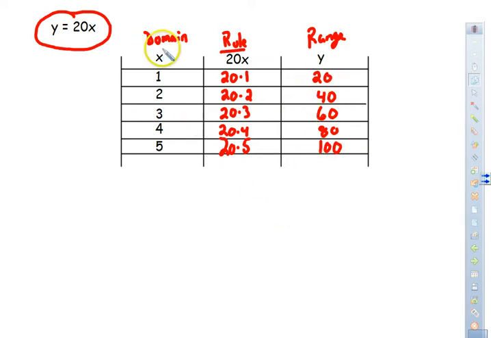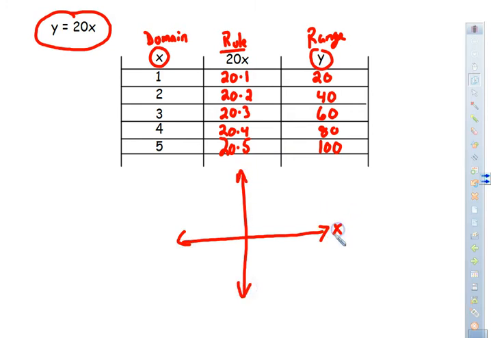Okay? Now this x and this y, to kind of take a little further, remember you have the coordinate plane. Okay? And this is my x, this is my y-axis, and we would actually graph this, and we would say 1, so we go over 1, up 20, we'll pretend 20 is down here actually.